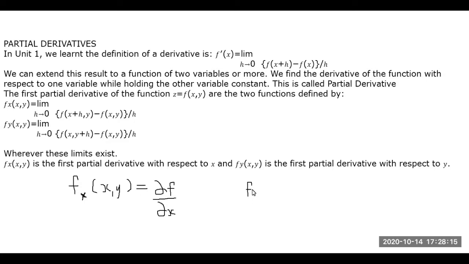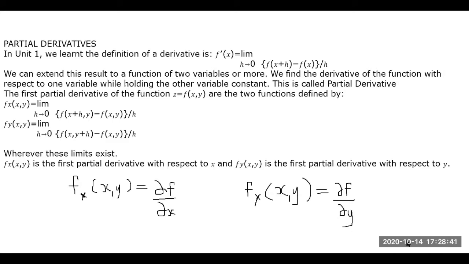And also fy just means that we're differentiating the function f of x, y in terms of y. And so fy of x, y is equal to dou f by dou y, differentiating the function f with respect to y.